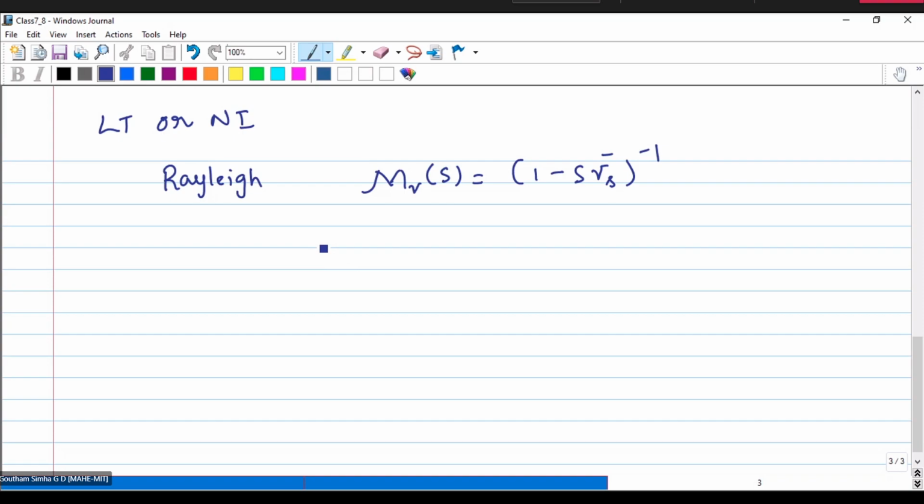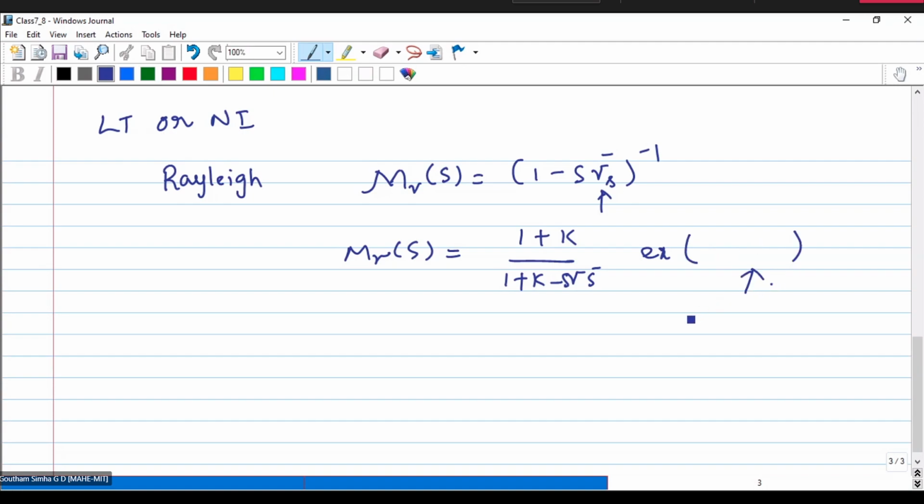You can write it for Rayleigh, but Rayleigh is a lot more complicated. I'll skip Rayleigh because M gamma of S depends on the 1 plus k component and the 1 plus k minus S gamma S bar component with an exponentially distributed component.